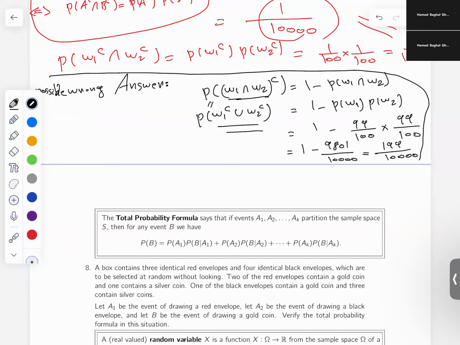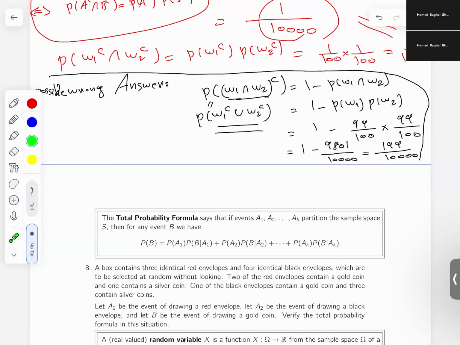The second one says that the probability that the first machine is not working or the second machine is not working. This means one of them may be working. So anyway, you should say that neither really means none of them.